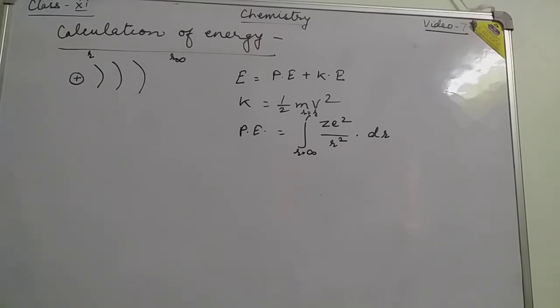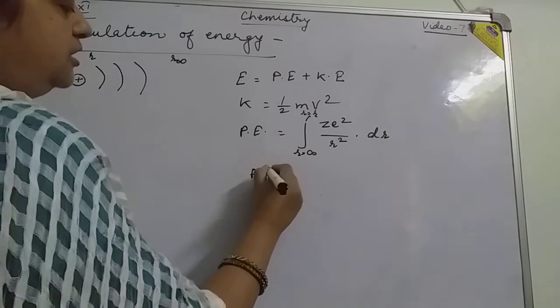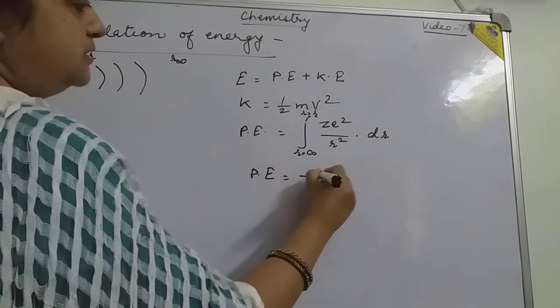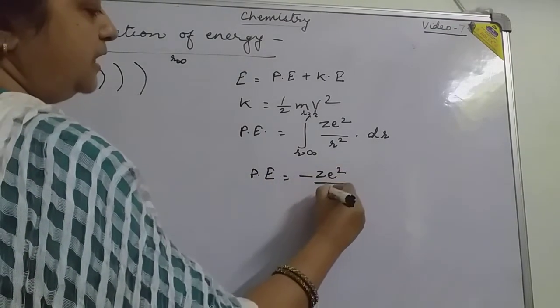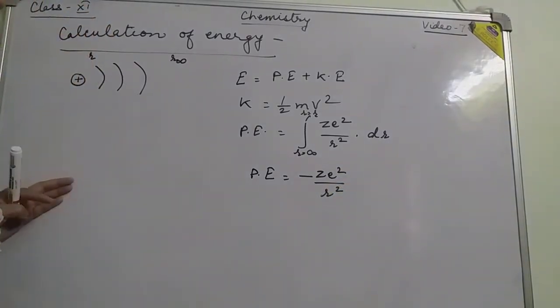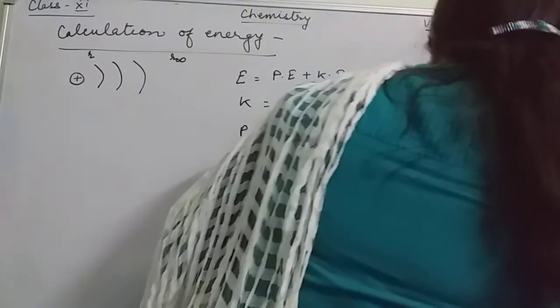So the total calculation becomes potential energy equal to minus Ze square by R.